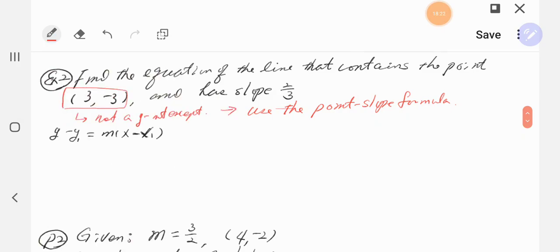It actually doesn't matter. First, let's use the point-slope formula, and then let's try both formulas.